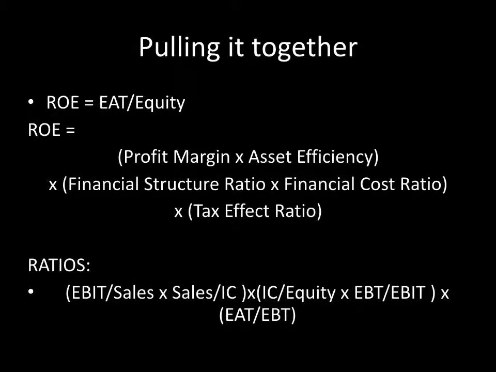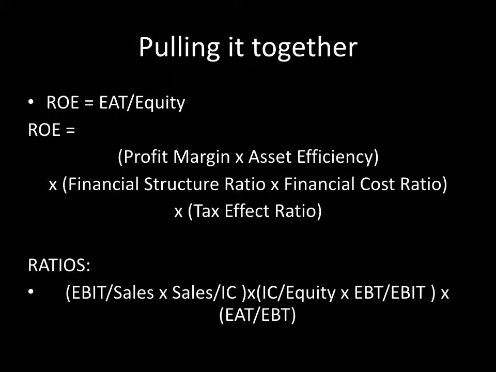So those components are profit margin times asset efficiency, which is pretty much our return on invested capital, pre-tax. That result times financial structure ratio and financial cost ratio, which we'll get into in a little bit. Financial cost ratio is just simply interest expense, the rate of interest we're paying on our debt. The financial structure is our debt to equity ratio, or a measurement similar to that. Then also equity is affected by taxes.